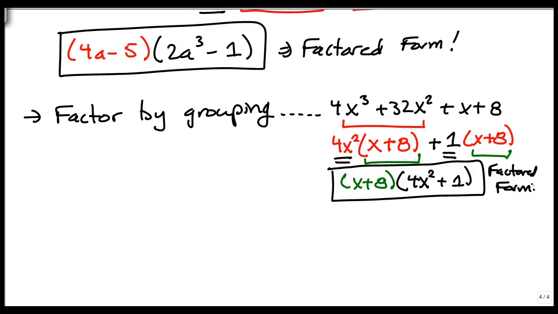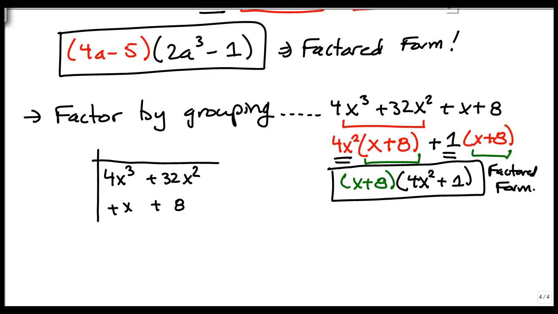Now another way I like to do these problems is I like to put these in a grid, and it doesn't matter how we put them in a grid, which term goes where. This is going to work every time. So I'm just going to line these up, 4x cubed plus 32x squared plus x plus 8. Okay, so this is my grid.